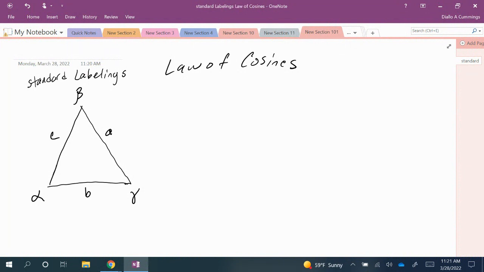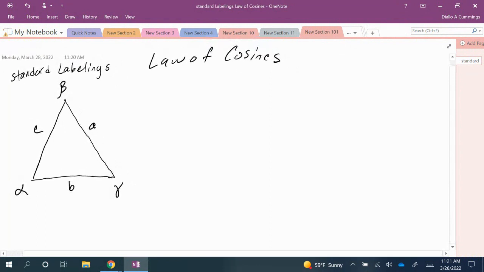Now here are the actual formulas. The first formula is a squared equals b squared plus c squared minus 2bc times the cosine of alpha.